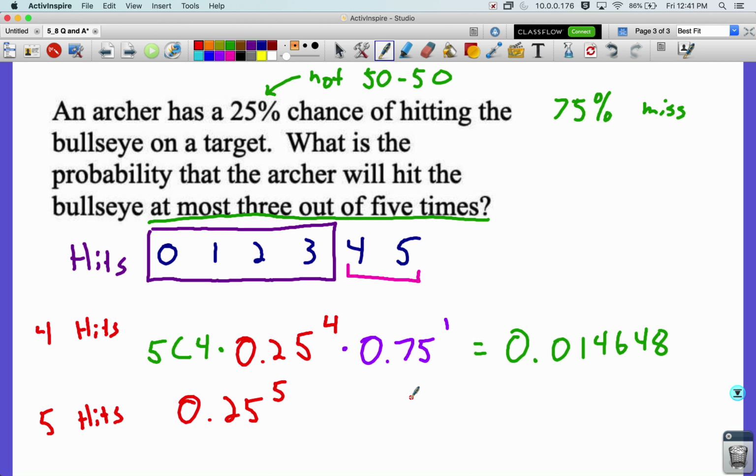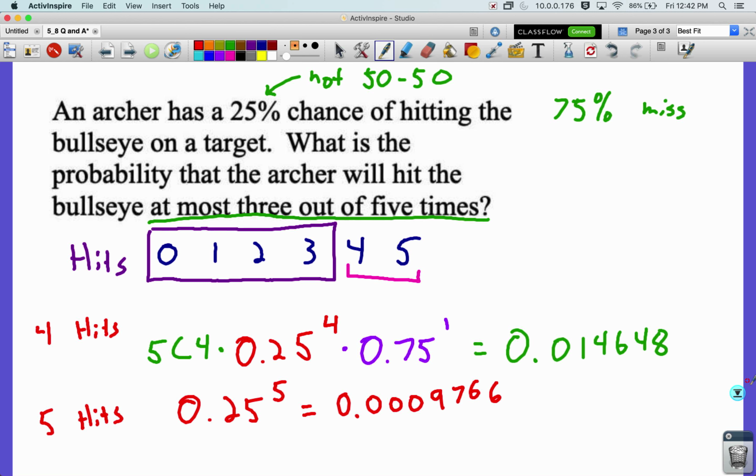We don't have to multiply by a probability for missing it because it's only hits. And this here is equal to 0.25 to the 5th. And we get a really tiny number, 0.000976, we round it there.